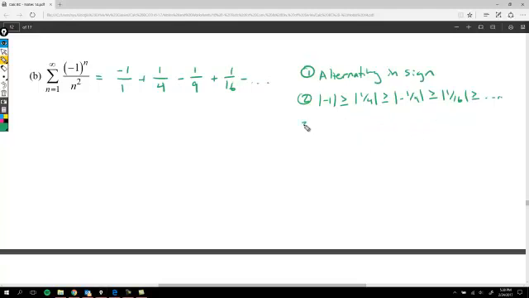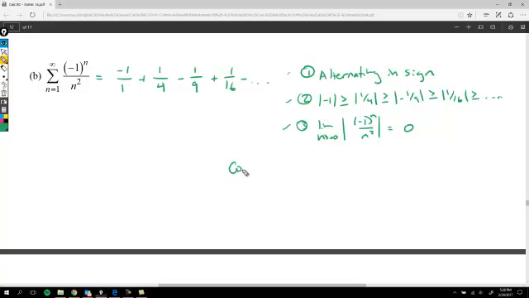And then the third thing I have to do is evaluate the limit as n approaches infinity. Again, remember these absolute value bars make the alternating part go away. So if you plug infinity in here, it does approach 0, so that's good. So 1, 2, 3 check marks.